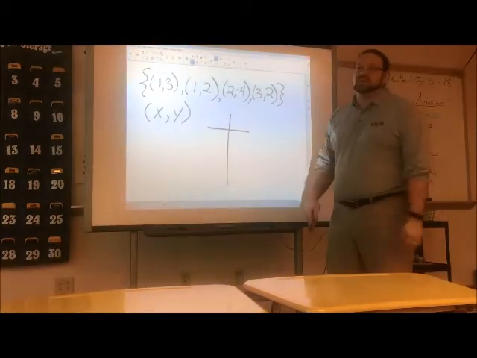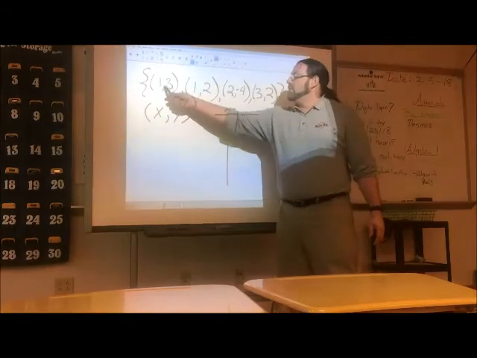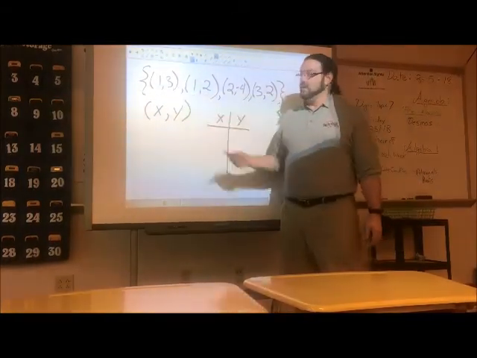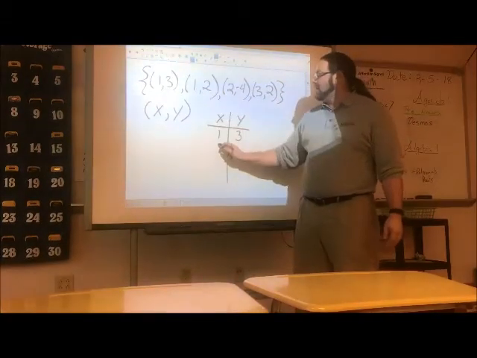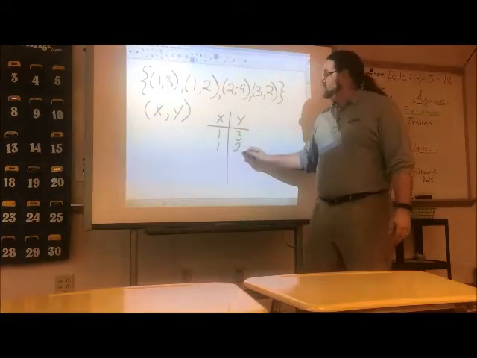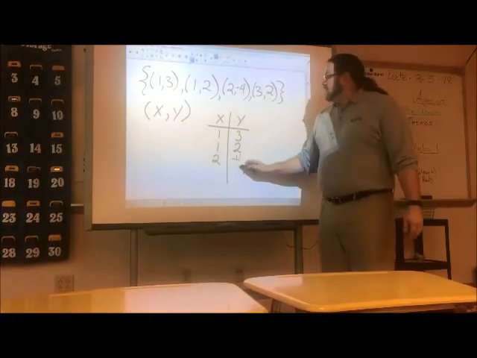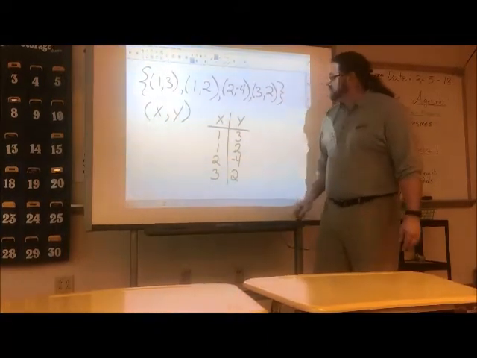I know you guys have seen T-charts before, with an x and a y. So I can literally put each one of these into it. Here I would have 1 and 3. Here I would have 1 and 2. 2 and negative 4. 3 and 2.